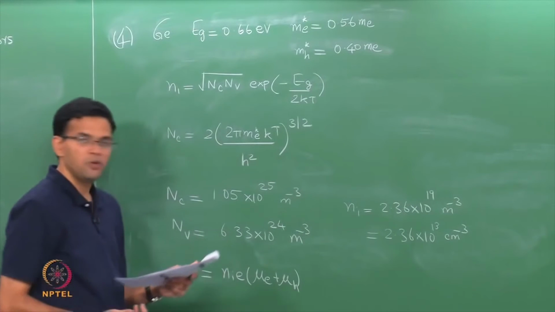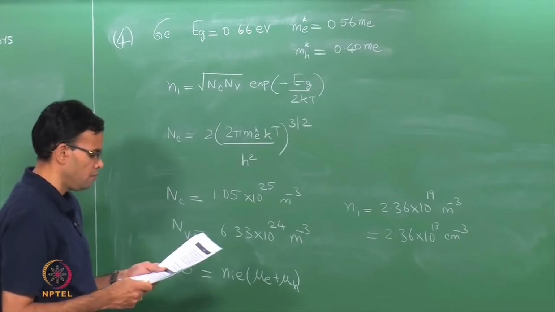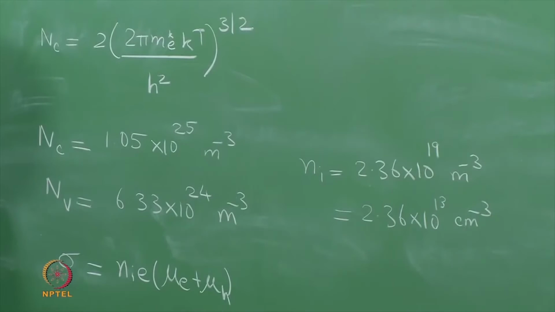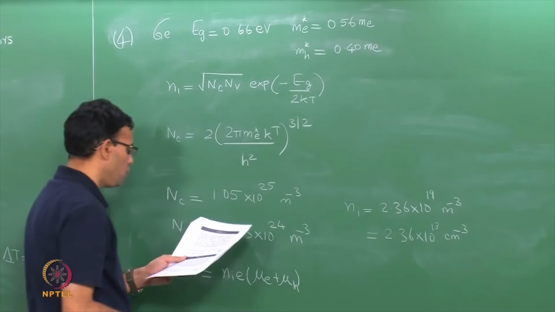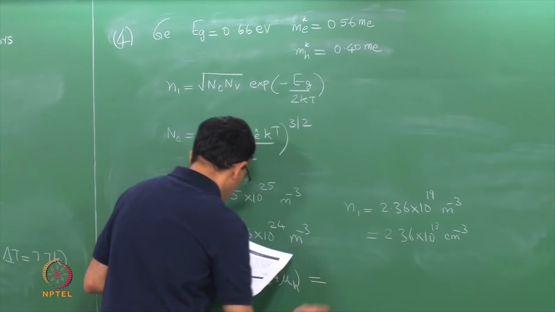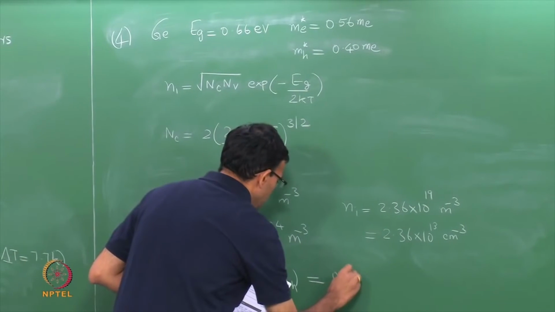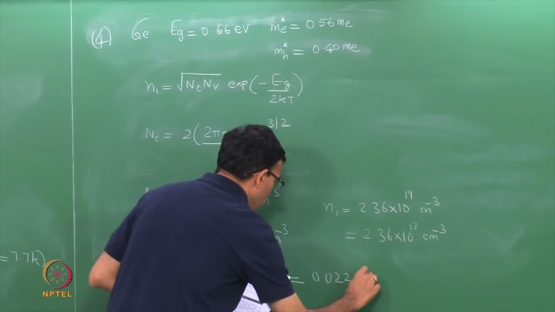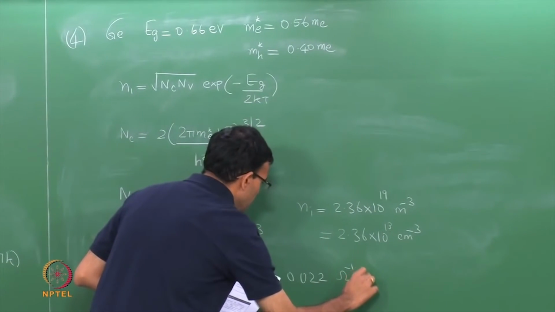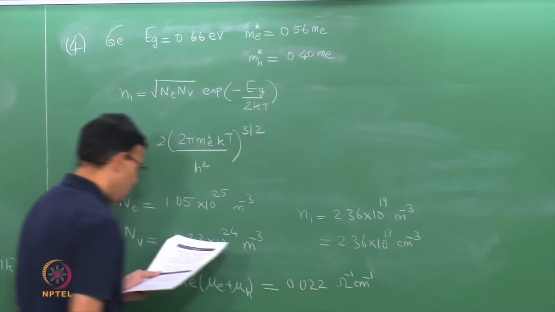The value of mu e and mu h are given. Mu e is 3900 and mu h is 1900 centimeter square per volt per second. So, that sigma is nothing but 0.022 ohm inverse centimeter inverse.